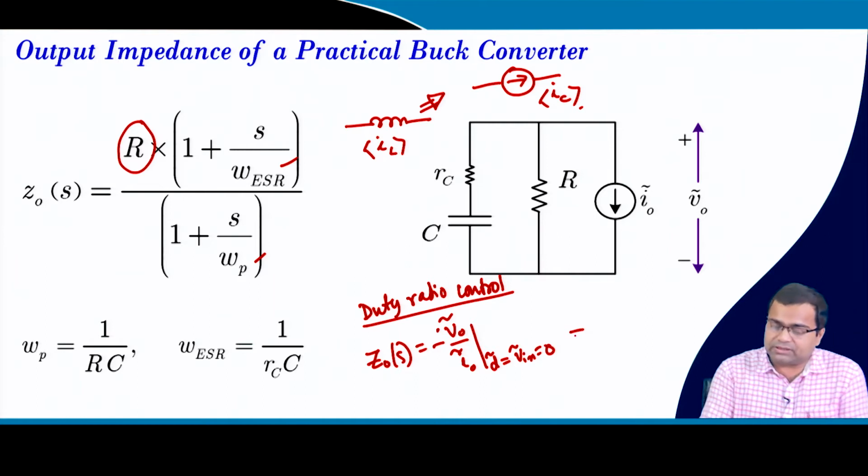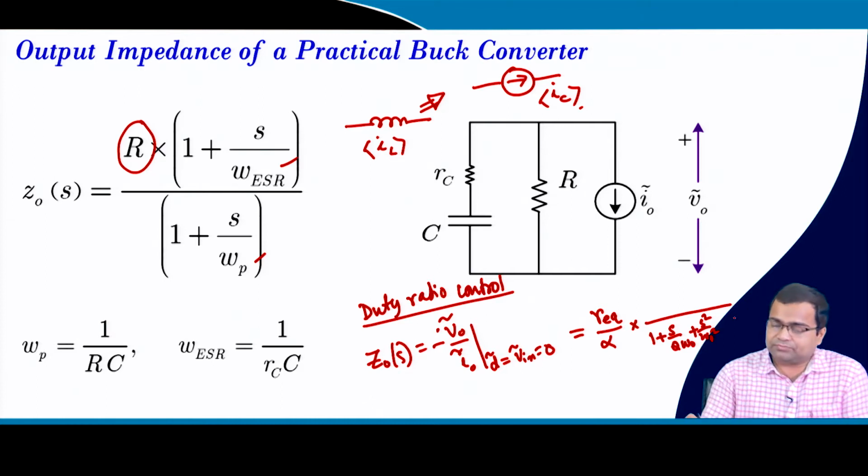We found that in practice there is an Re by alpha multiplied by a polynomial, 1 plus S by Q omega 0 plus S square by omega 0 square.